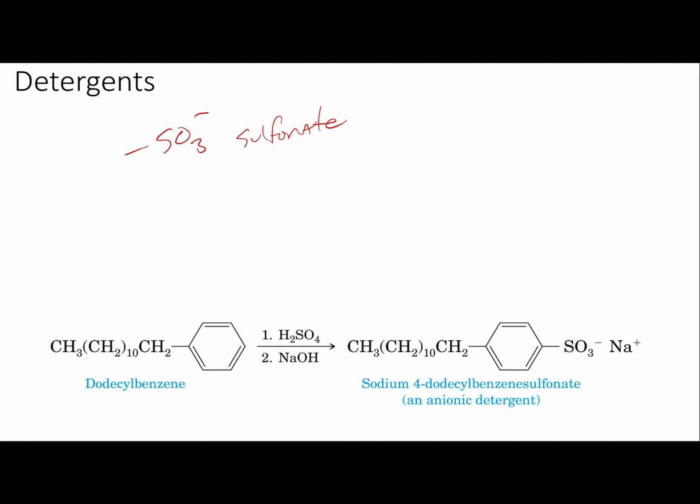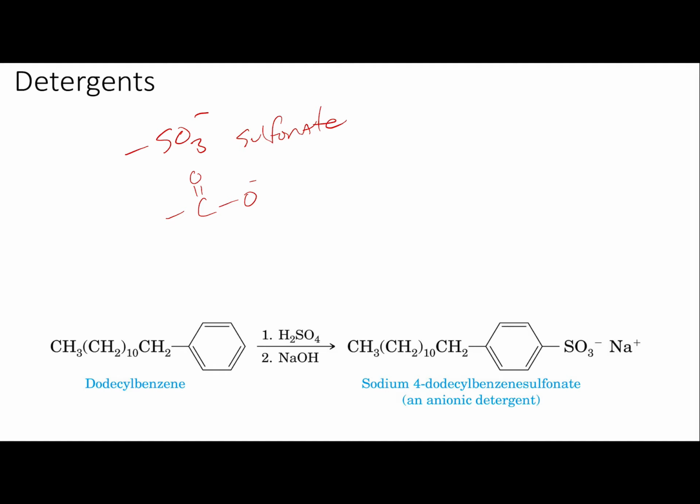These sulfonate groups take the place of the carboxylate group, so remember our carboxylate group is the C double bond O minus that we had on the soap, right? Calcium, magnesium, and iron salts of sulfonic acids are actually more soluble in water than the salts of the fatty acids. So detergent makers started making synthetic detergent, synthetic soaps.